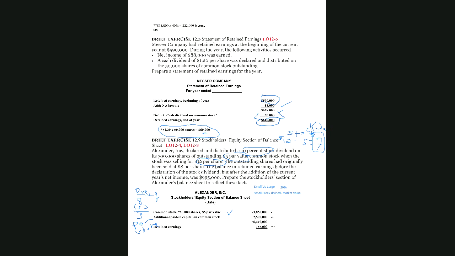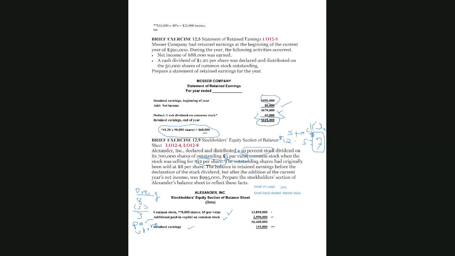So you're going to have the common stock account, which is the first account that appears, then the additional paid-in capital common stock, and then you add the retained earnings. These are basically the three shareholder equity accounts that appear on the balance sheet. That's all we have to worry about.